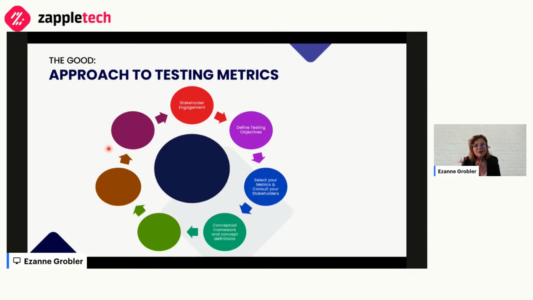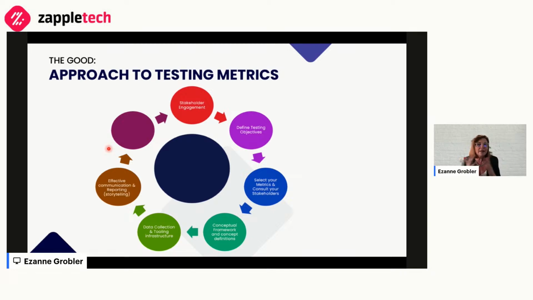Create a conceptual framework and align on your concept definitions. Collect the data then, have proper tooling, with your processes and your tools set up in such a way that it doesn't take forever to do your test reporting.